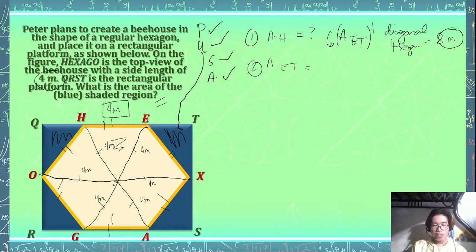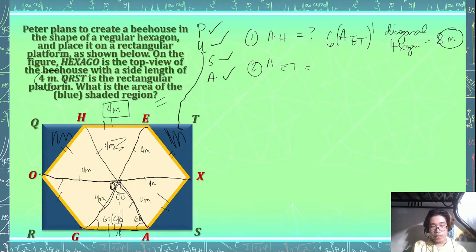If we look here, guys, this is an equilateral triangle, so that must mean the measurement of all of its sides is equal to 4 meters, and therefore if we draw a perpendicular bisector here, we're gonna create a 90-degree angle. Since this is an equilateral triangle, it's also an equiangular triangle, so all of the angles of this triangle here, triangle GOA, if this is point O, are gonna be 60 degrees.